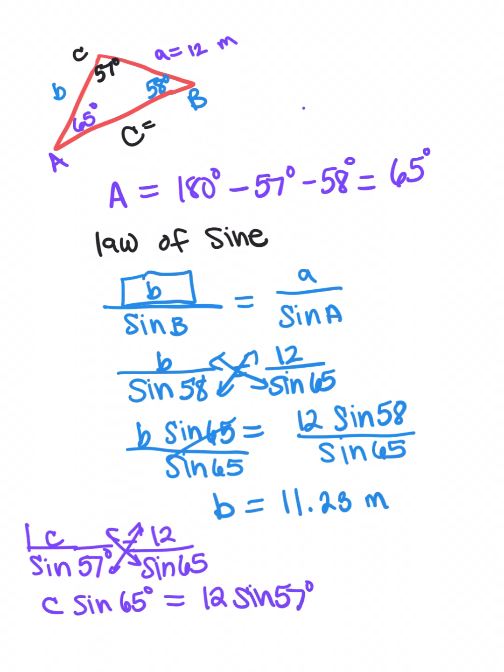Once again, whatever I don't know, I always try to keep it on that upper numerator of the left-hand side. And I'm going to divide both sides by sine of 65. So we have C equals 12 times sine of 57 divided by sine of 65. And I get 11.10. We were rounding to the nearest hundredth, and that's why I did two decimal places.